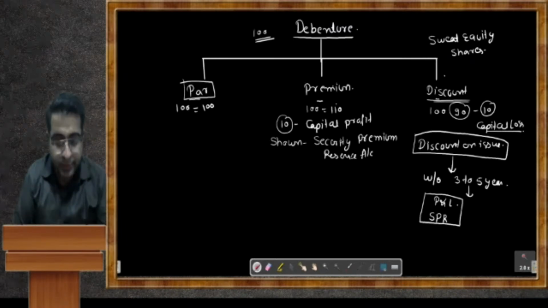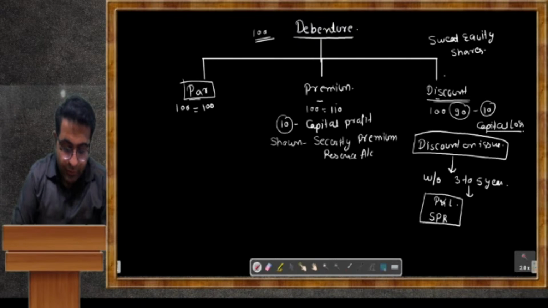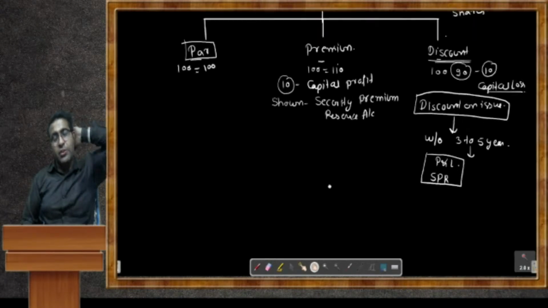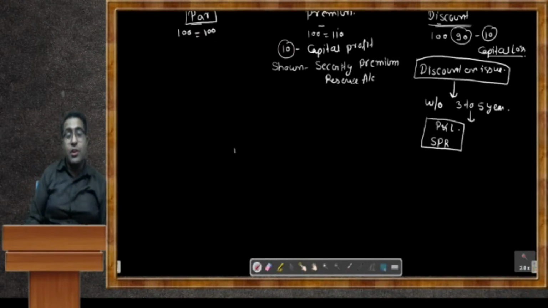Okay, any other query? Any other query you have, all students? One more from redemption of debentures: if the debenture is redeemed at a premium, then this profit is transferred to the capital reserve.